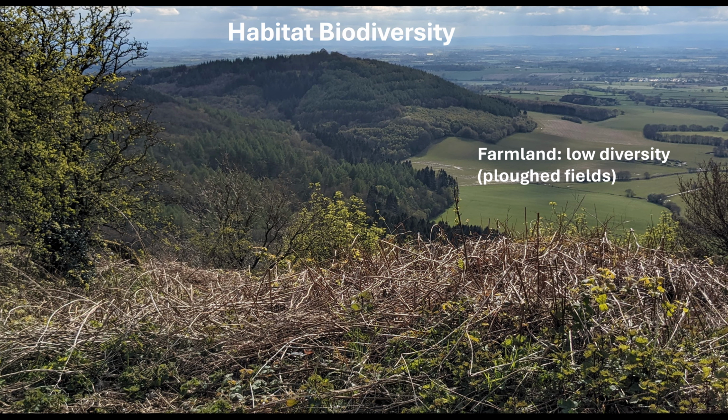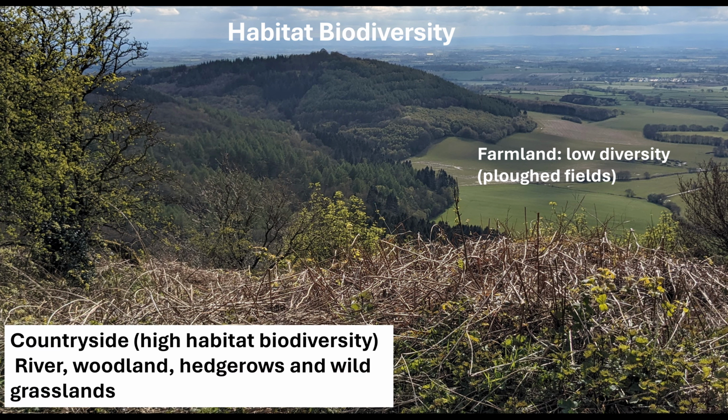If you are growing as a farmer a crop, that crop is most likely going to be one type of crop. Therefore, you have one type of species that is growing within that area. That is going to give you a low habitat biodiversity.